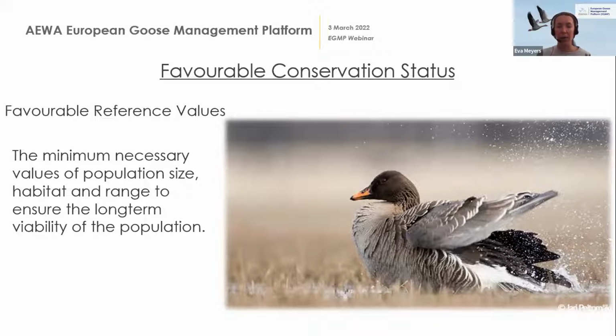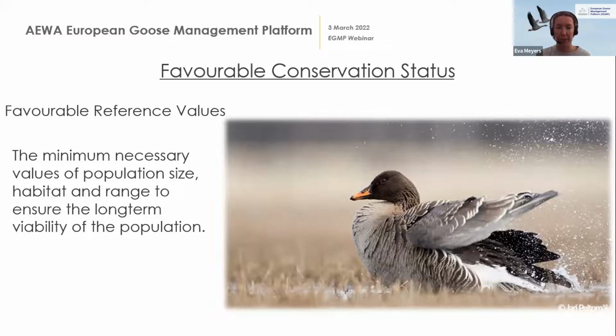The definition and the main principles and concepts of developing and agreeing on these values was a process initiated in parallel to the development of the management plan, and it is part of the management plan as well as the implementation phase. We have been thinking with some colleagues that this might be another good topic for another webinar, but there is also information on the EGMP website on the entire procedure and the principles of these favorable reference values, which are reflected in the management plans.